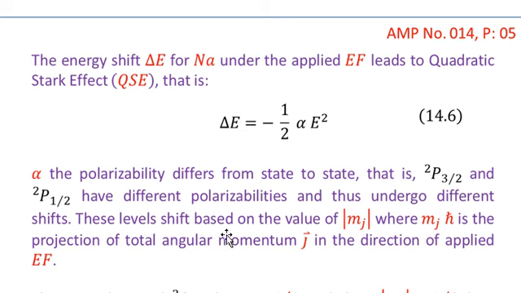These level shifts depend on the values of mj mod, where mj times h bar is the projection of the total angular momentum j in the direction of the applied electric field.